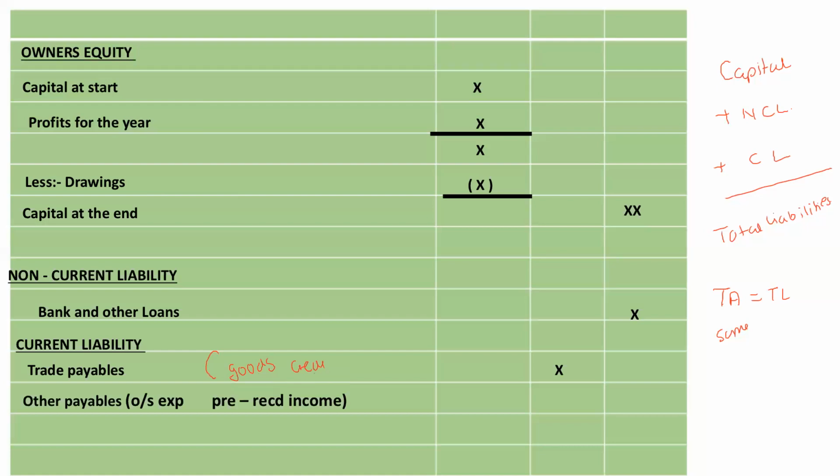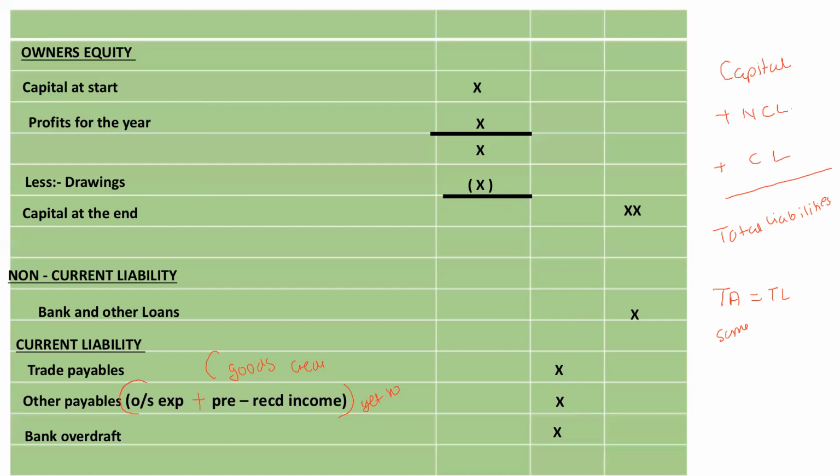And the next thing that you have is other payables. Other payables is the amounts that you still have to pay, and it is a mixture of two things. Outstanding expenses, where you still have to pay the amount, and pre-received income, where you still have to give the services. So they come under the heading other payables.